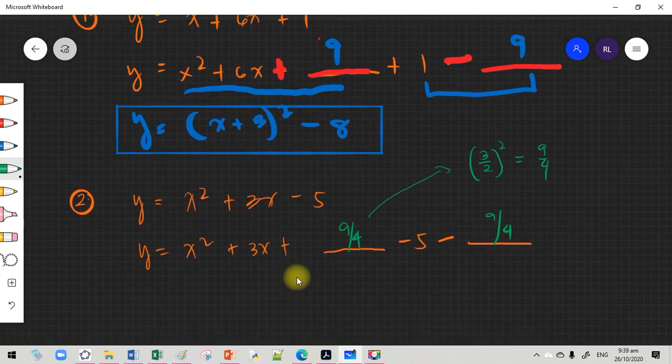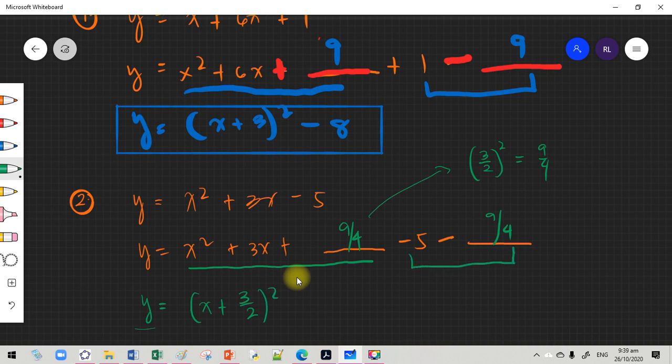Then, by this time, we're going to factor it into a square. So we'll have y equals, this becomes (x plus 3 over 2) squared. And let's simplify this portion.